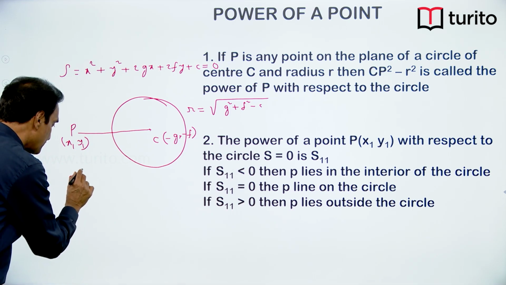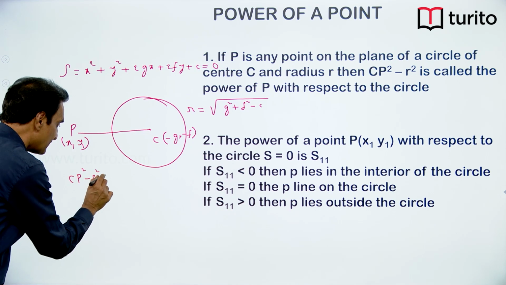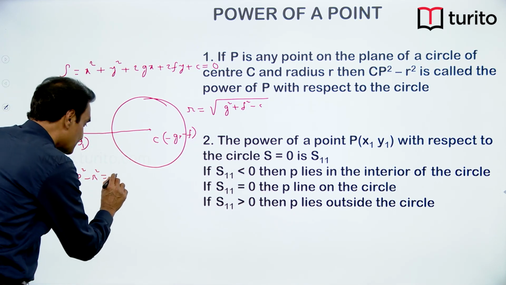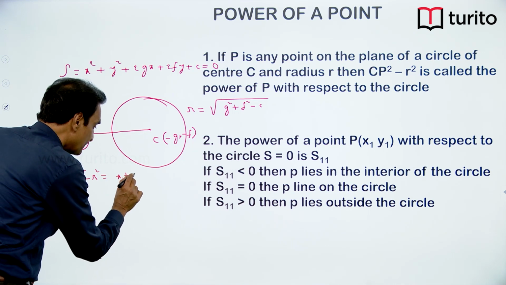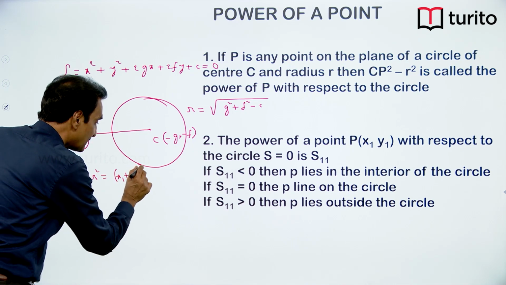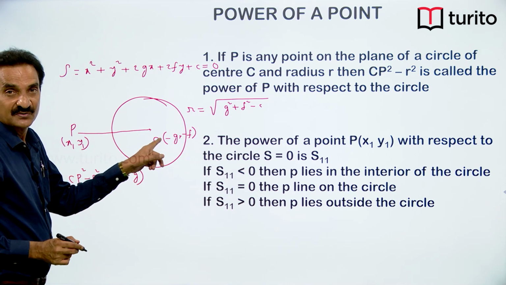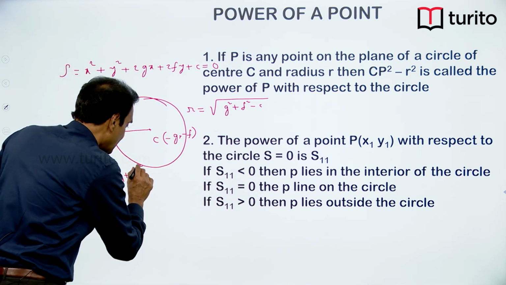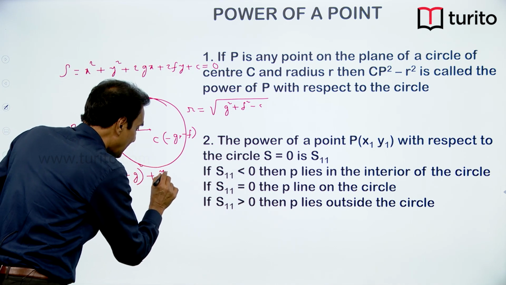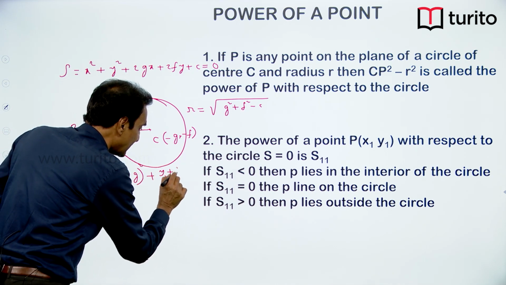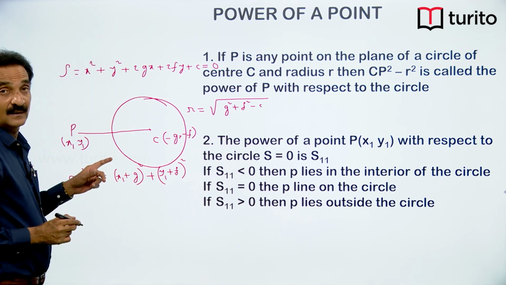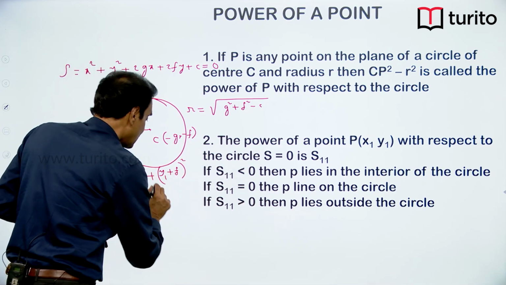CP square minus R square, using the distance formula, will be (x1 plus g) whole square plus (y1 plus f) whole square minus R square.